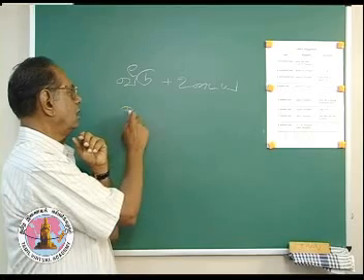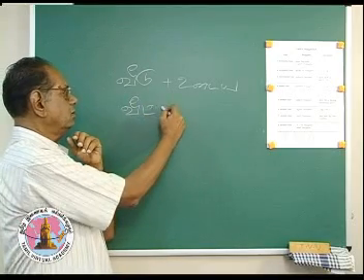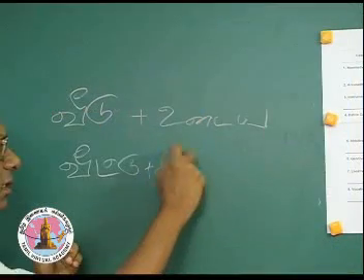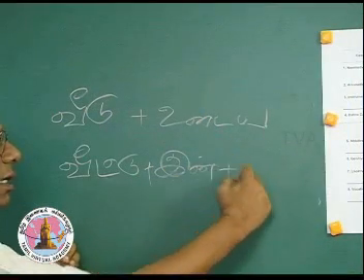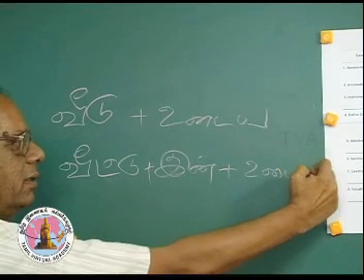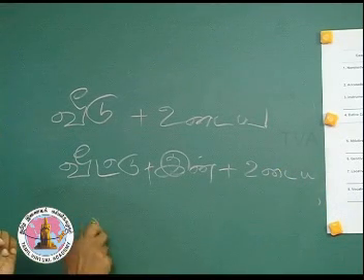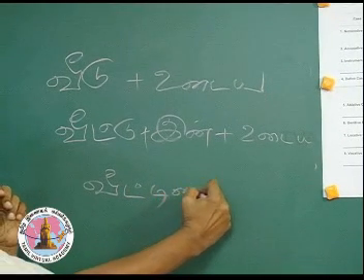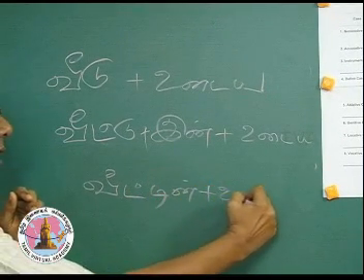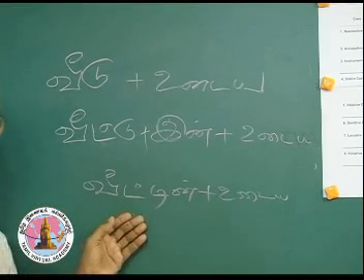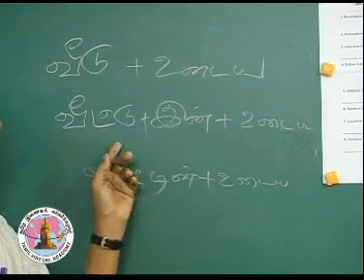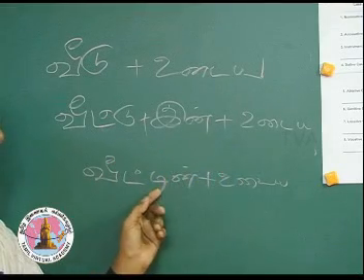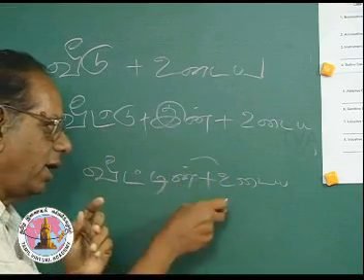First of all, it becomes veed and then took up a suffix, then accepted the case marker. That is to say, it became veetin udaya: veedu plus in plus udaya, veetu plus in plus udaya, veetinudaya.